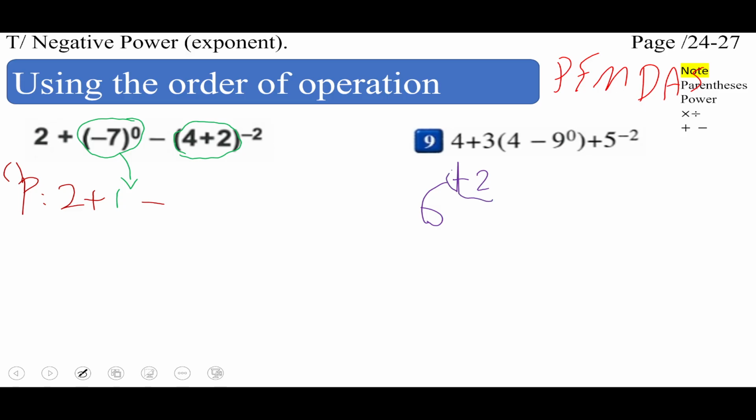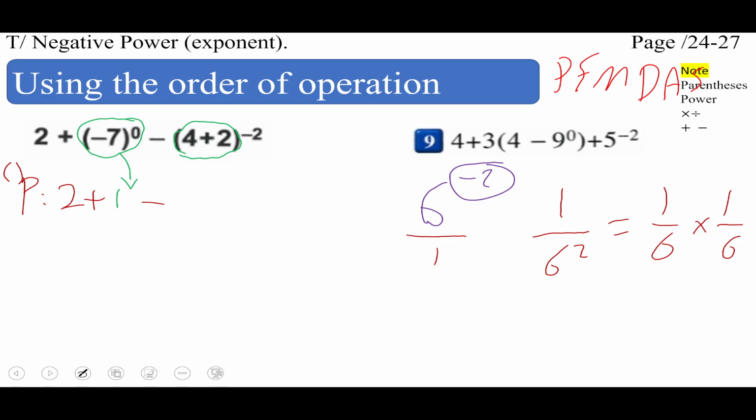In here, our power is negative, -2. We need to change it to positive. How? By putting 1 and taking the reciprocal, 1 out of 6, which changes the negative power to positive. So it's going to be 1 out of 6 times 1 out of 6, 1 out of 36.